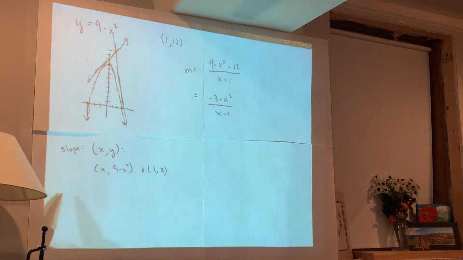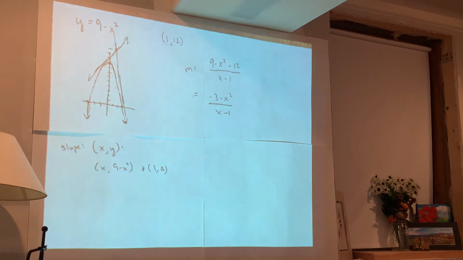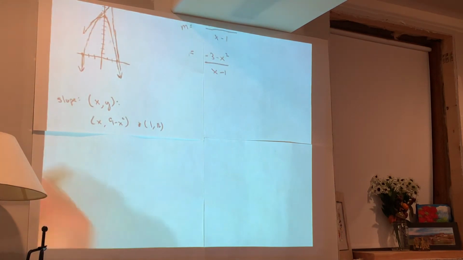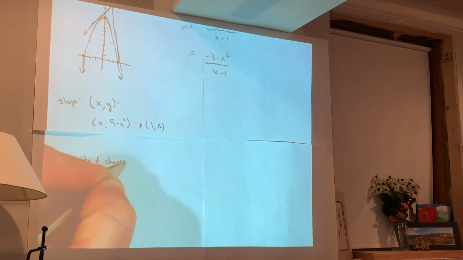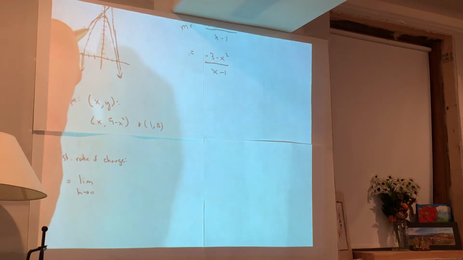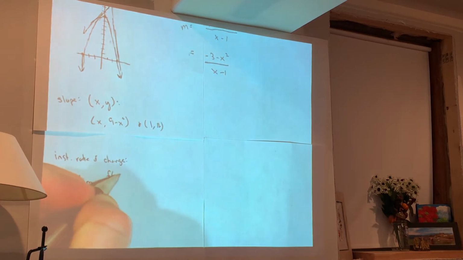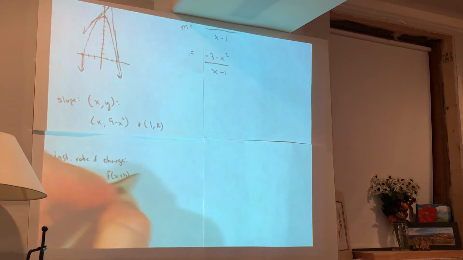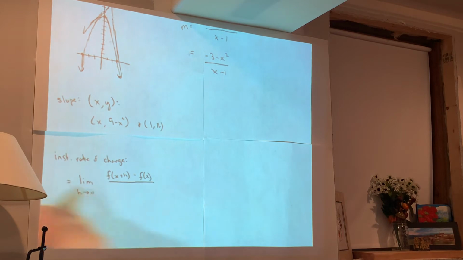Okay, so let's think of this from an instantaneous rate of change perspective. In order to do that, we're finding the limit as h approaches 0 of, let's see here, we want to consider f of x plus h minus f of x, all over h.